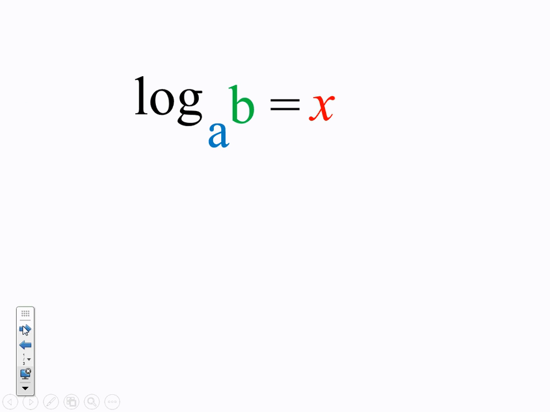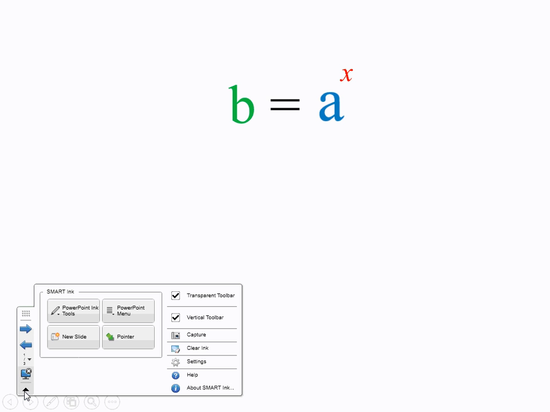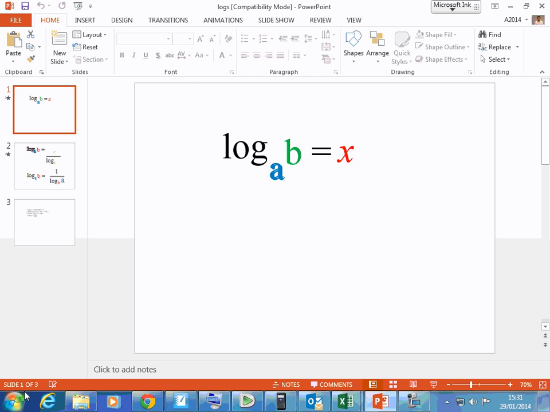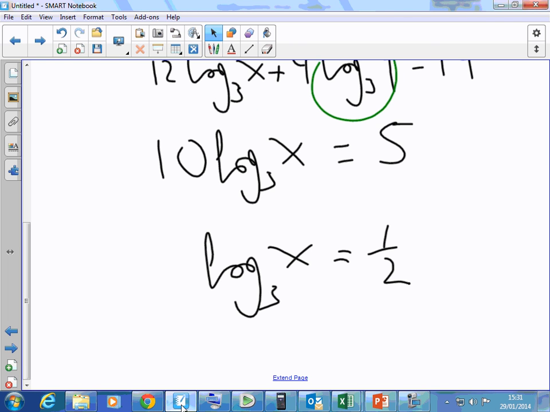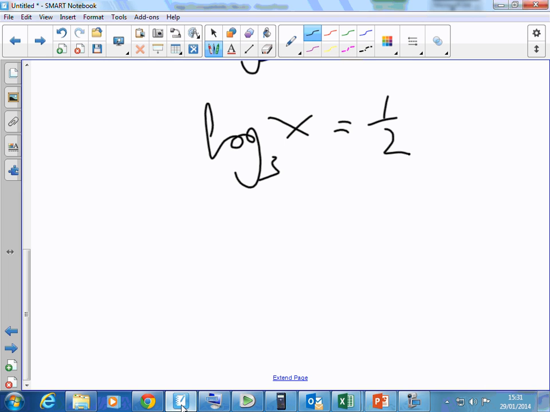What happens to get rid of the log, that's what happens. Let's watch that one more time. That's what happens, okay? So here, x equals 3 to the power of a half.